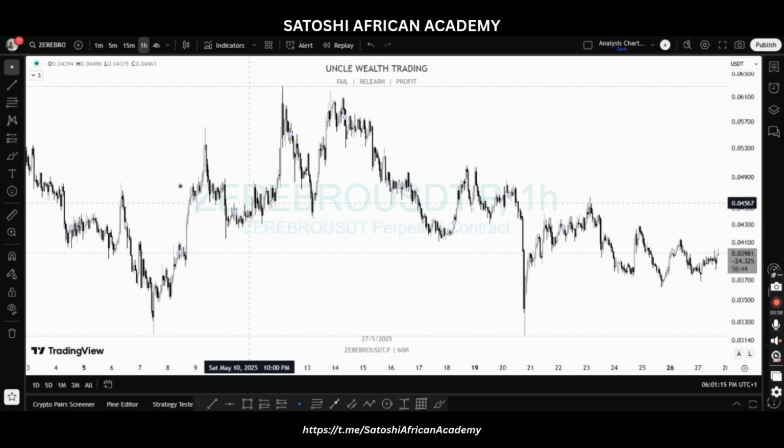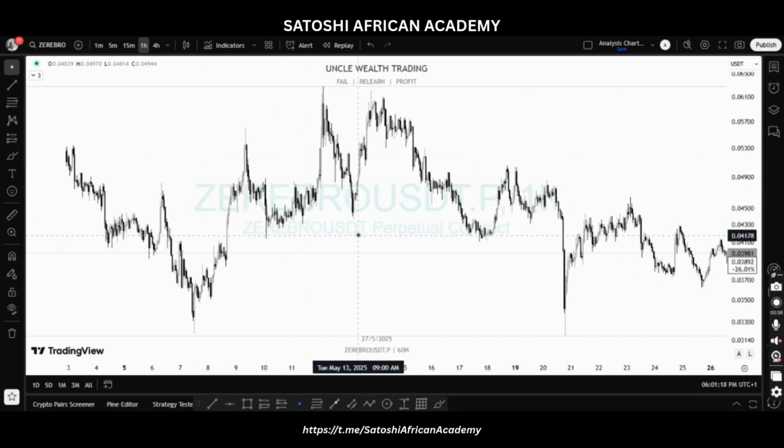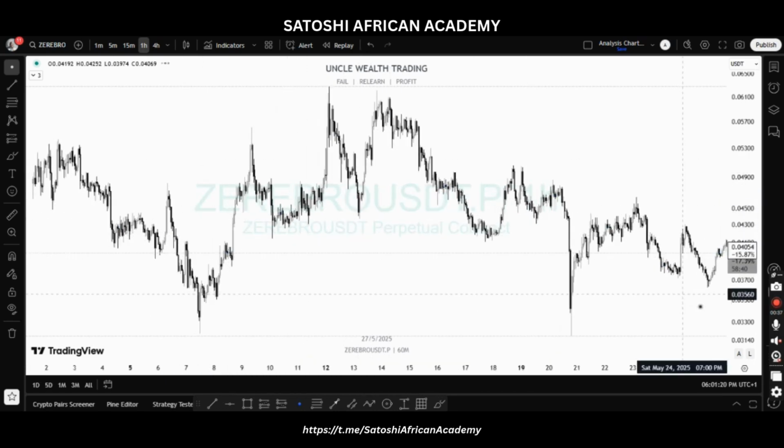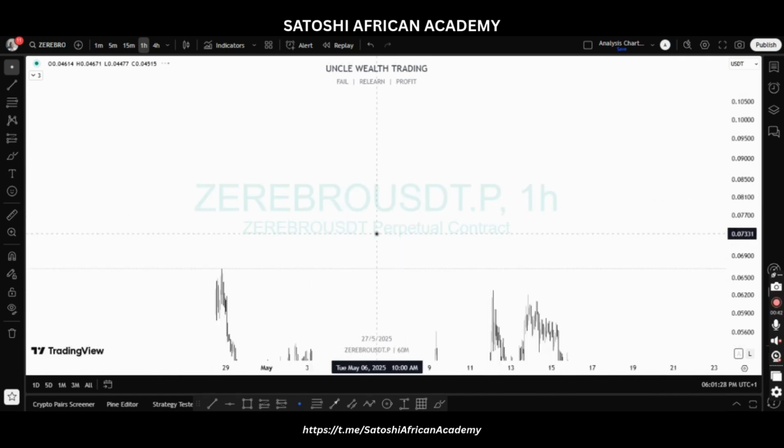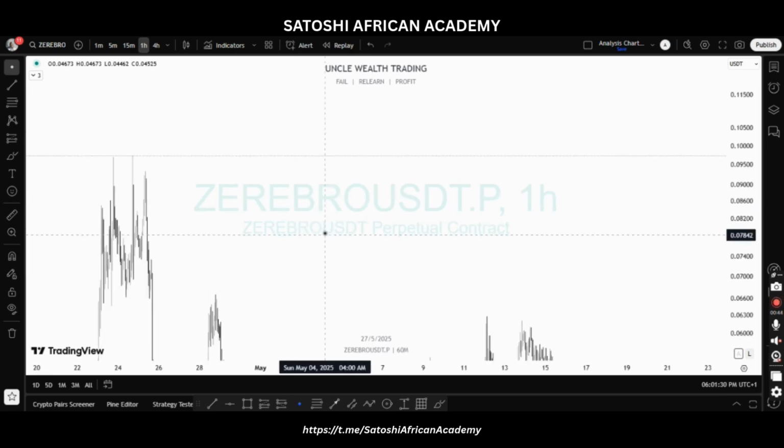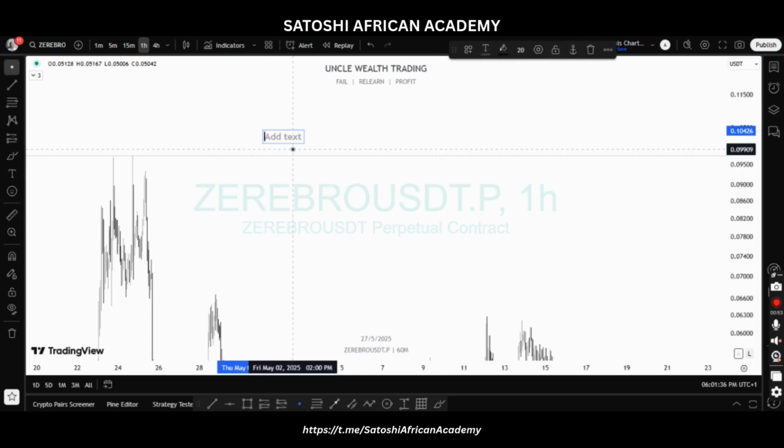Now, let's talk about market structure. When it comes to market structure, the market moves in three basic moves. The first one is an uptrend.